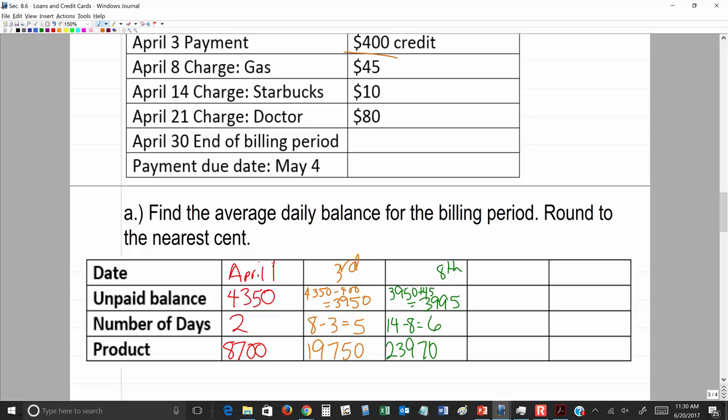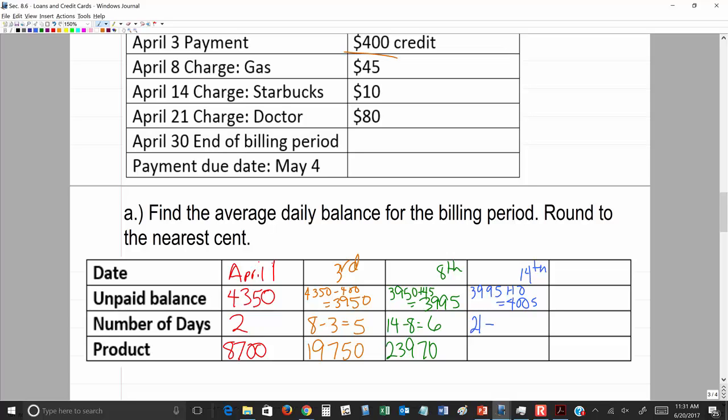The next charge comes on the 14th for $10. So you take the $39.95 plus $10 equals $4,005, and that goes until the 21st.